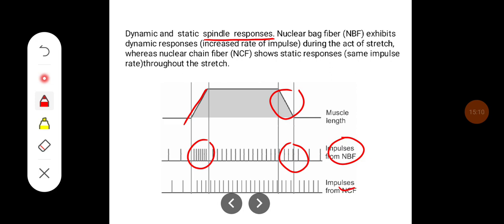But in nuclear chain fibers, the change in the muscle length will not affect much. And you can see when the muscle becomes static, there is a constant rate of discharge in the afferents, the nuclear chain fibers.